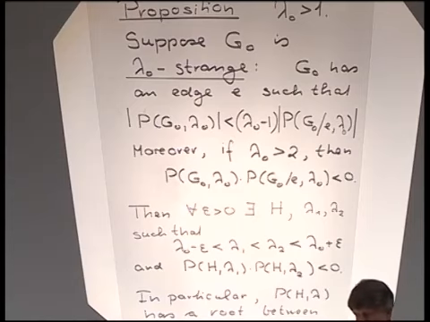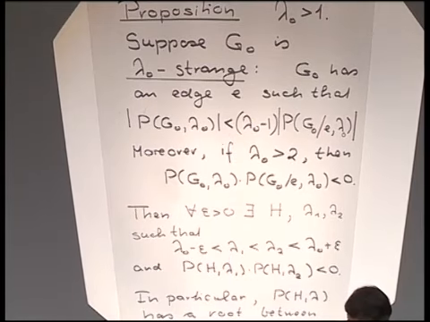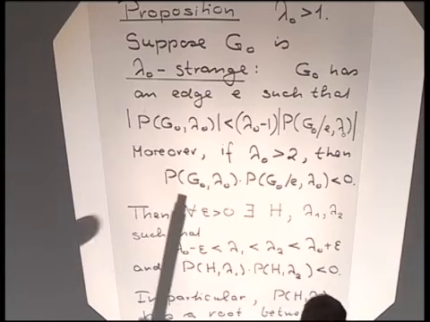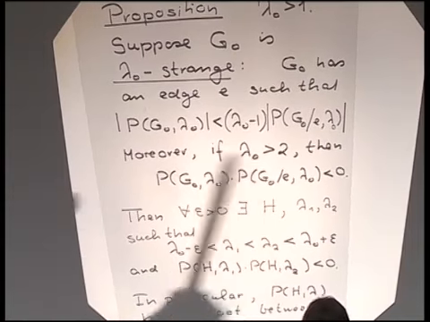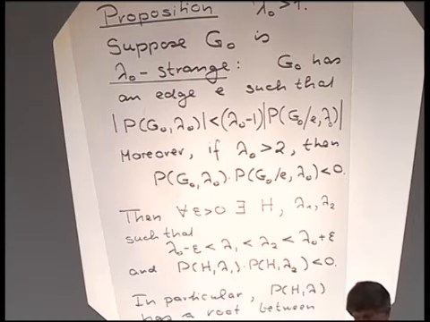The chromatic polynomial may go down, but this inequality says that it does not go down too much. So this is just a technical condition. Then another technical condition: if lambda node happens to be greater than 2, I will assume that these two numbers have different signs. When you contract the edge E, I'll assume that the chromatic polynomial changes sign from positive to negative or from negative to positive.